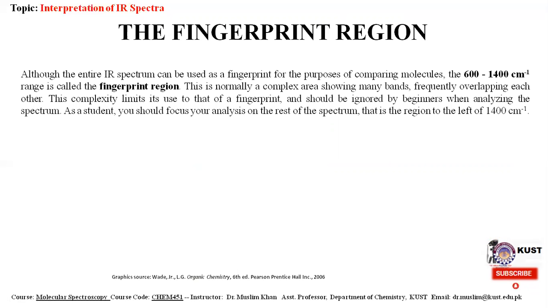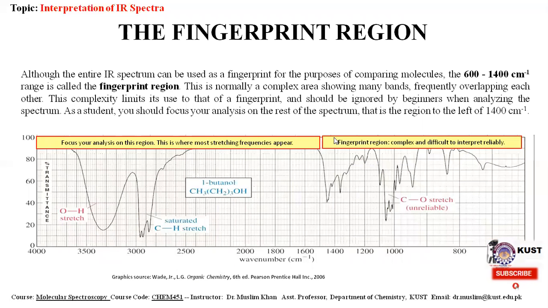Although the entire spectrum can be used as a fingerprint for the purpose of comparing molecules, the region from 600 to 1400, from here till here, is called the fingerprint region.